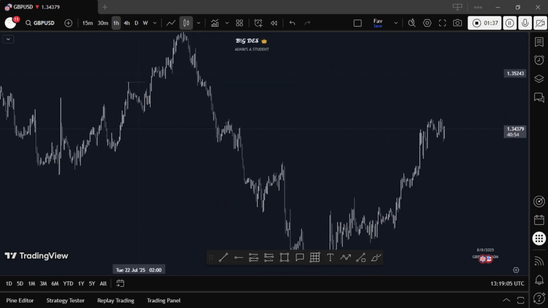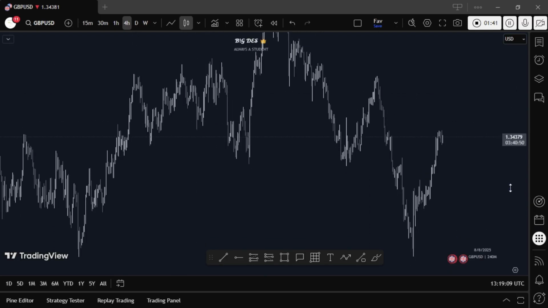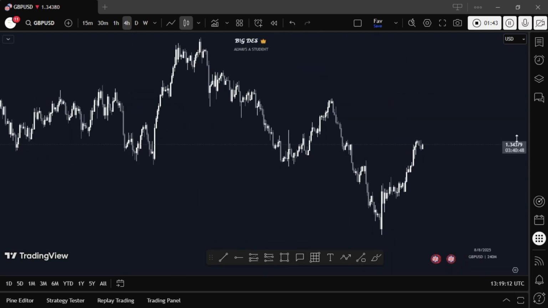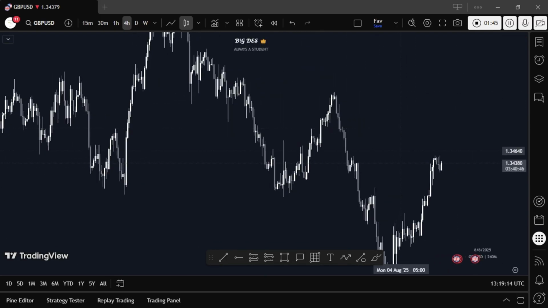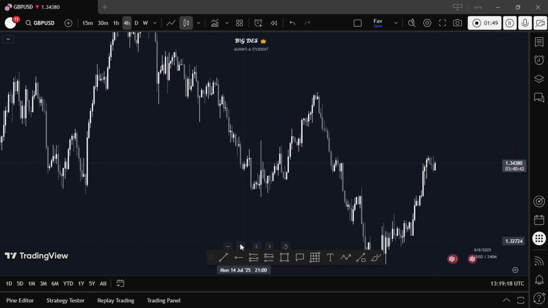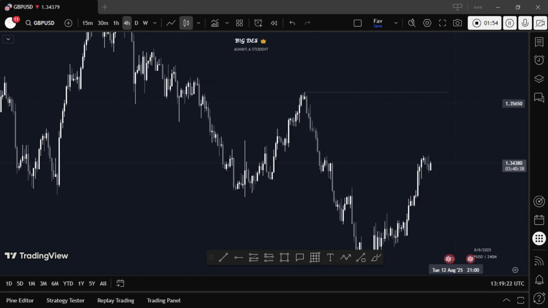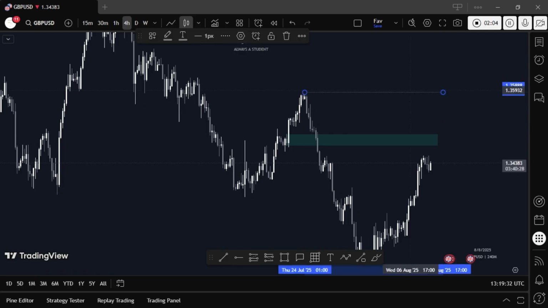But if this area fails, if GU happens to not reverse from this point, I would like to target these highs. So if this area fails, I'll start looking for buys into this high right here.